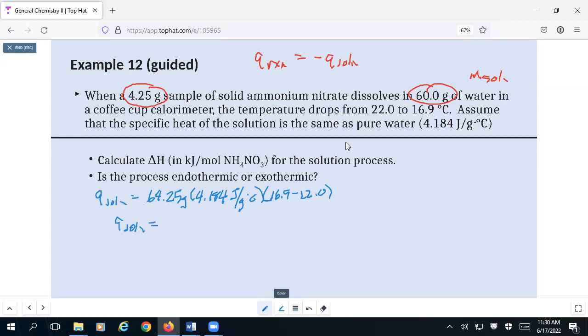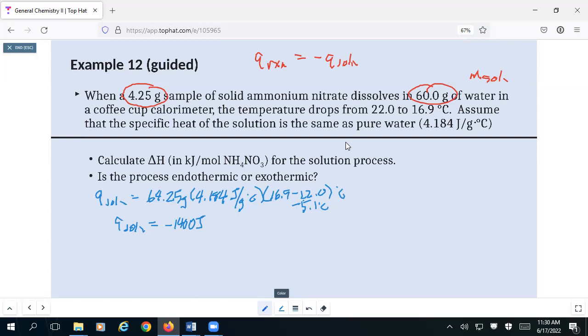So the heat of solution, 64.25, times 4.184, times the change in temperature, 16.9 minus 22 is negative 5.1 degrees Celsius. To two significant figures because of that change in temperature, we're getting a negative 1,400 joules.